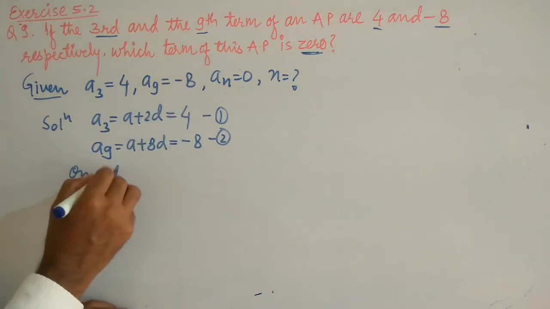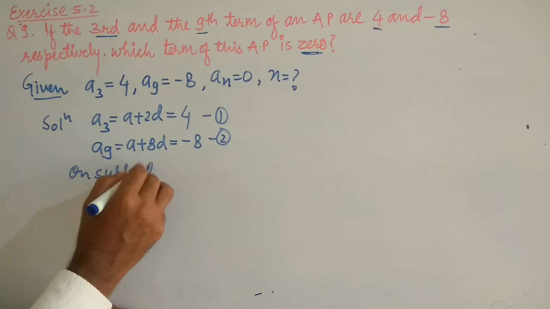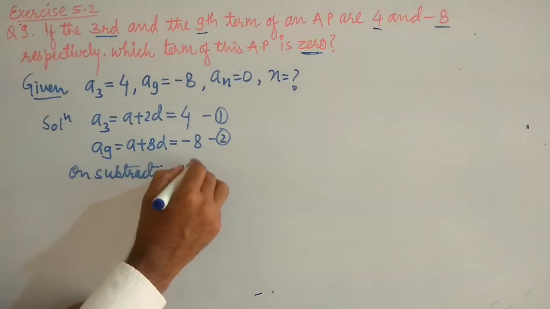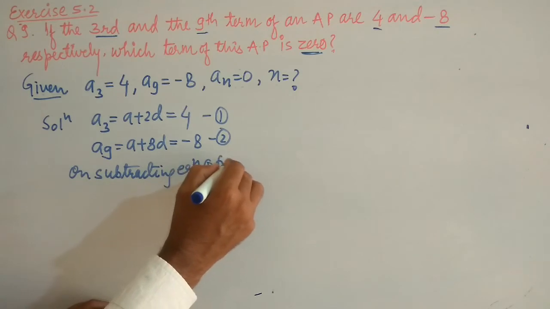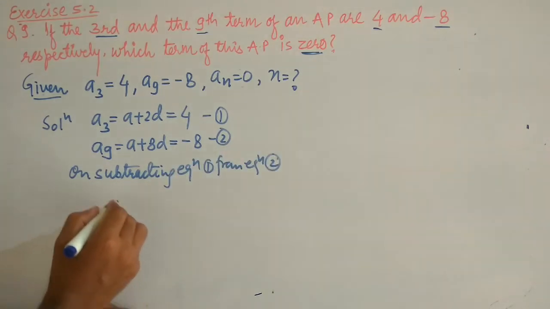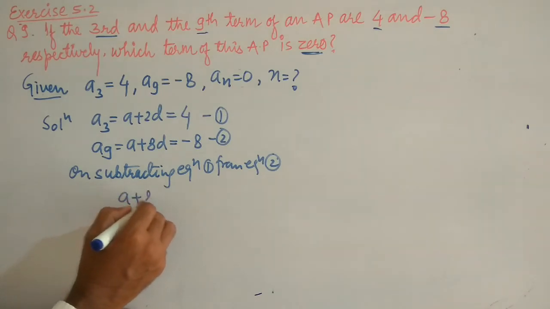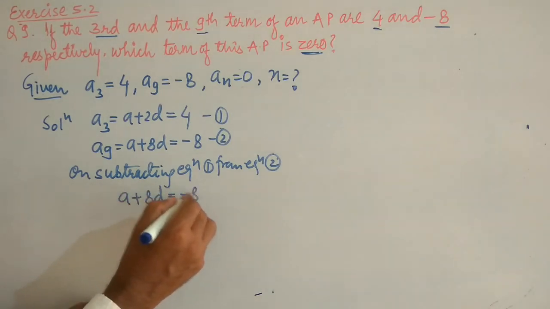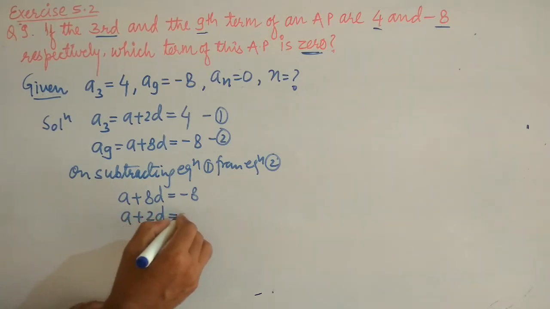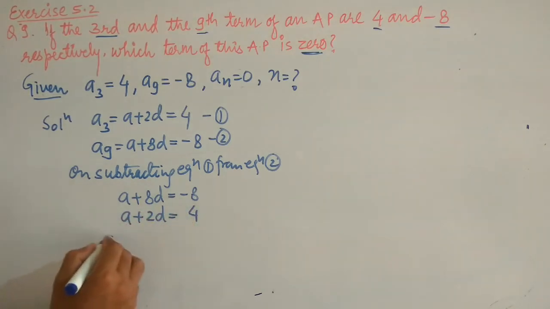Means on subtracting equation 1 from equation 2, we are subtracting 1 from 2, so we will write the second equation first. Then the first equation A plus 2D is equal to 4.